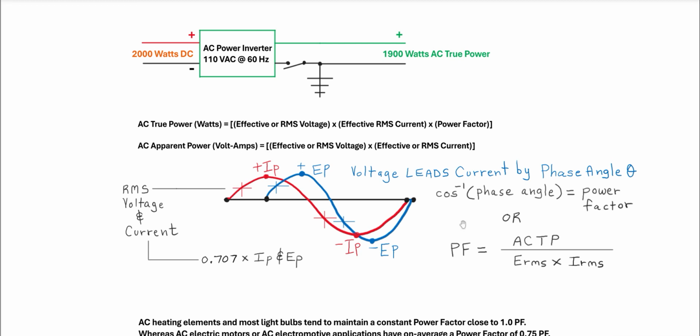We're just making an example here, but if you took the inverse cosine of the phase angle, this would calculate the power factor. Or you could take the AC true power in watts and divide it by the product of the effective voltage times effective current, and that should be a value of at most 1.0, down to less than 1.0, so it's more like a coefficient.